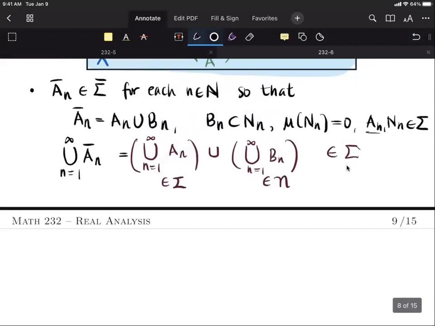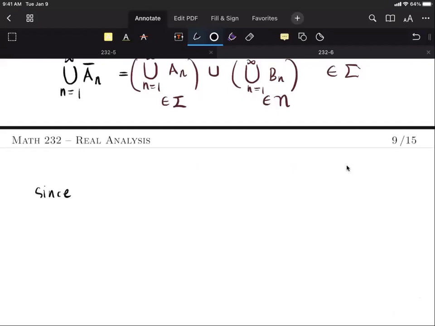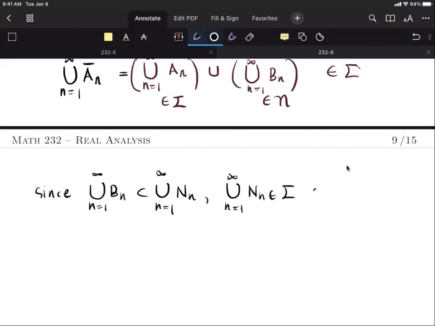Okay, since A sub n is in sigma, therefore the union of those sets are in sigma, because we have a sigma algebra. The other one, we need to verify that this is indeed in N. But note that the union of the B sub n's, since each B sub n is contained in N sub n, then this is a subset of the union of N sub n. Again, N sub n is in sigma, so this is in sigma.